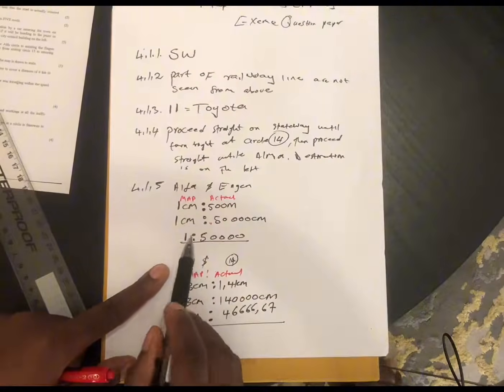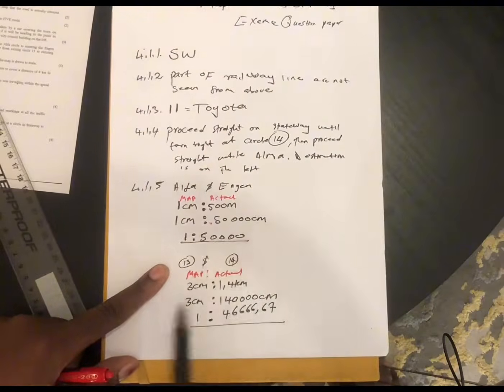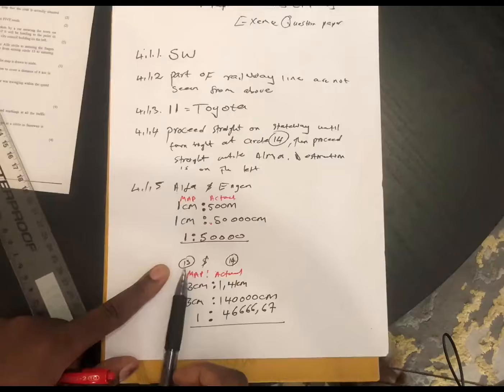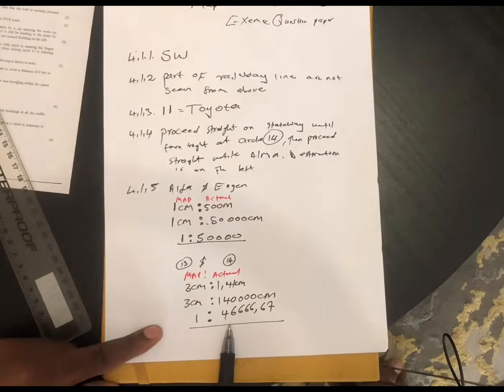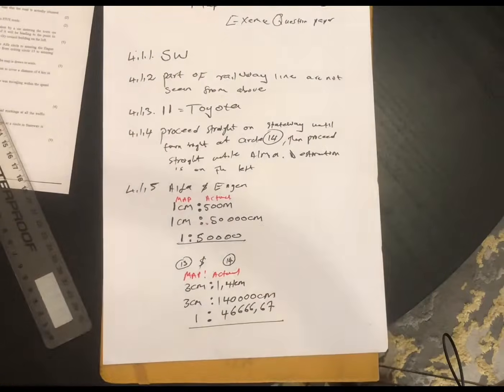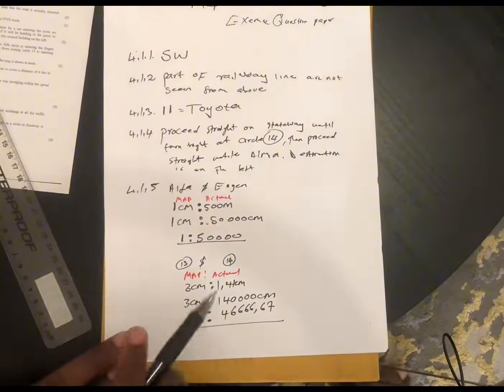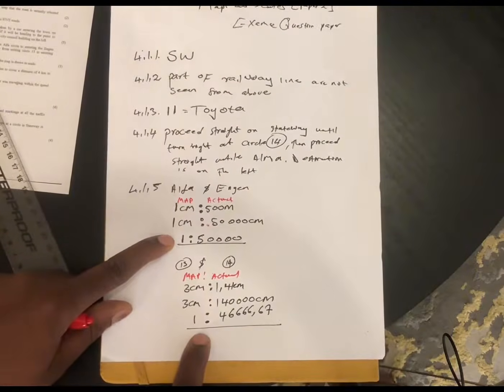So this is our ratio scales. The ratio scale from alpha to engine is 1:50,000. Then the ratio scale from 13 to 14 is 1:46,666.67. And then by this we can conclude to say that these ratios are not equal, are not the same.